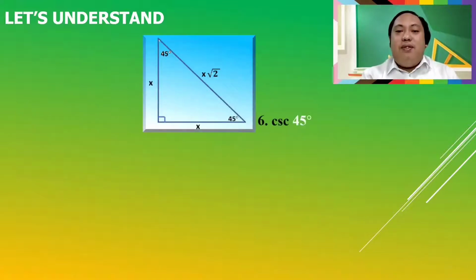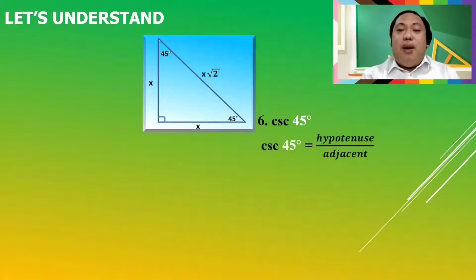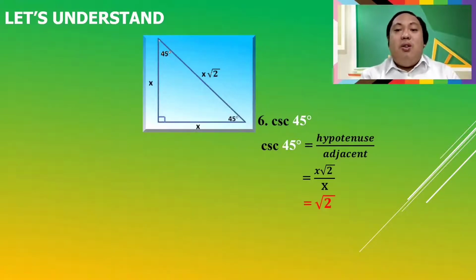Then we have the cosecant 45 degrees. Cosecant 45 degrees equals hypotenuse over adjacent side. So in the figure we have x square root of 2 as the hypotenuse over the adjacent side which is x. So we simplify, we have the square root of 2. Therefore, cosecant 45 degrees is square root of 2.